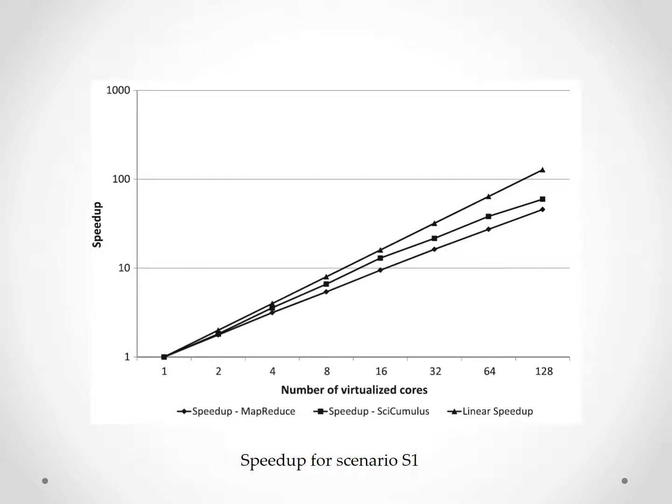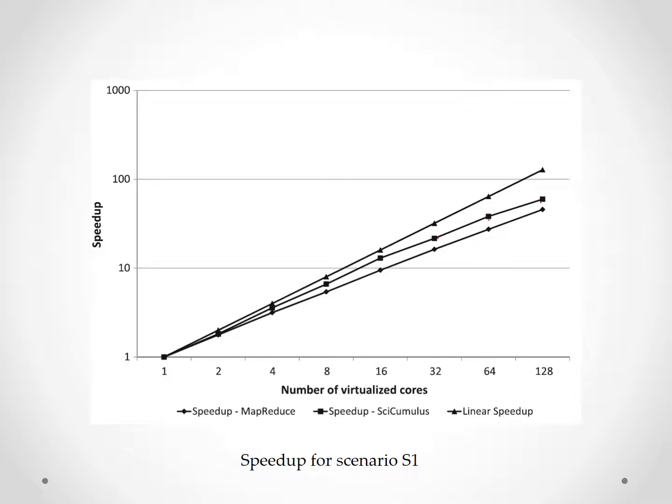Now this is the speedup graph for scenario 1. As you can see, the x-axis is the number of virtualized cores and the y-axis is the speedup. When we analyze this graph, we can see that SkyCumulus reached a linear speedup from 2 to 32 cores, then suffered a degradation when using 64 to 128 cores.